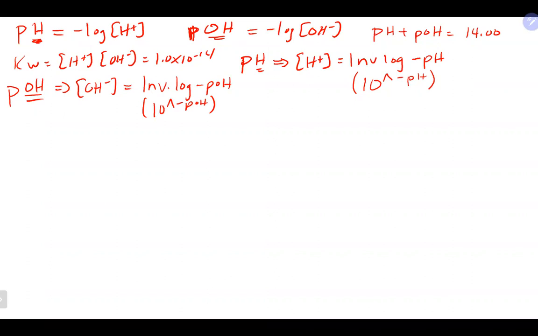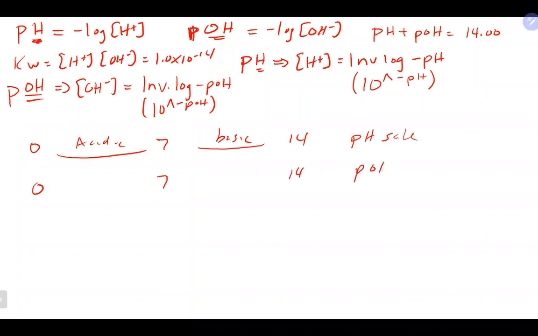A reminder, as I mentioned before, the pH scale goes from 0 to 7 to 14, with this end being acidic and this end being basic. The pOH scale also runs from 0 to 14, but it is opposite.